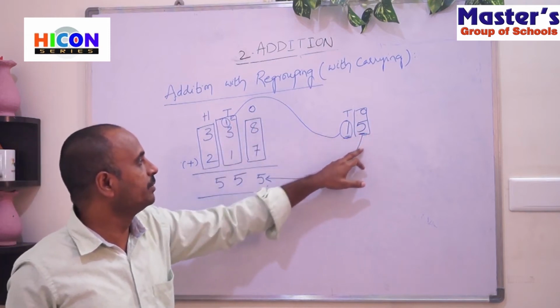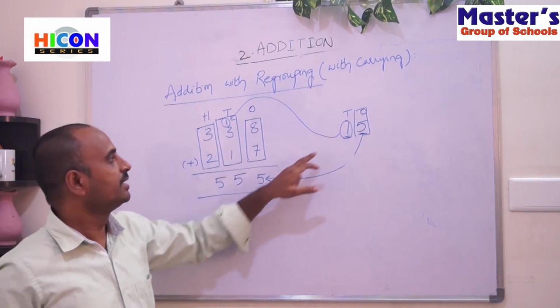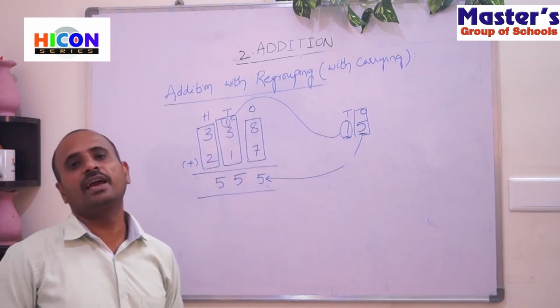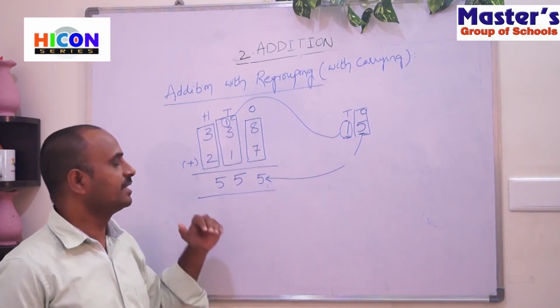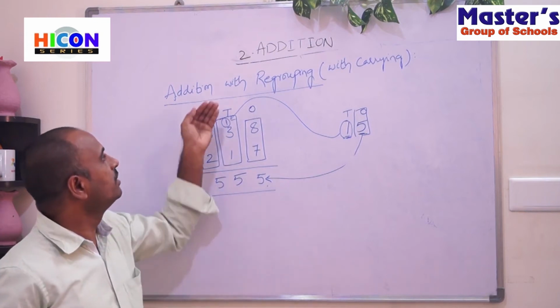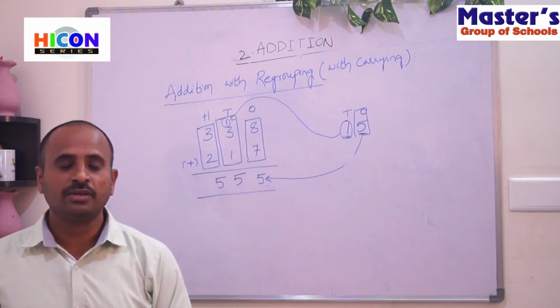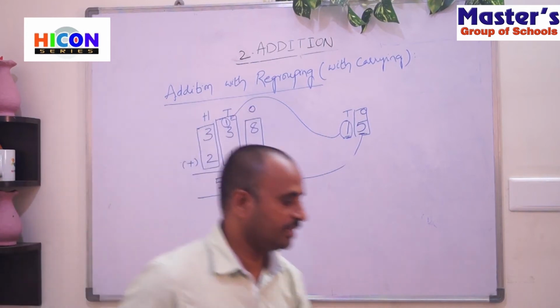Ones place should be written in the ones place, tens place should be written under tens place. So this is called carry. So children, let us see some more problems on this concept regrouping, so we can get a better understanding.